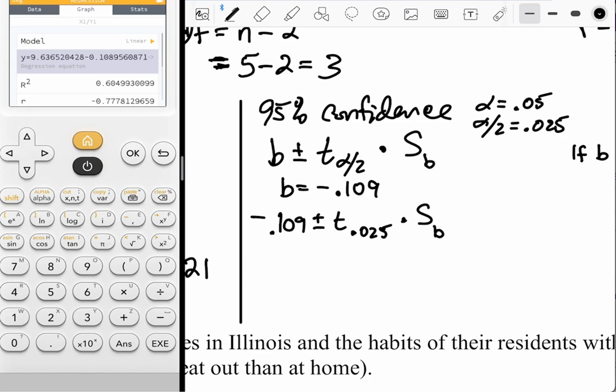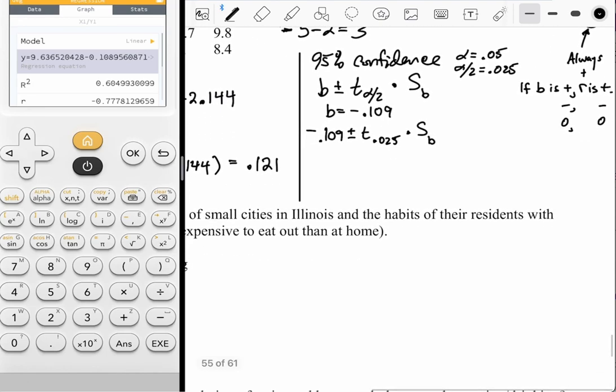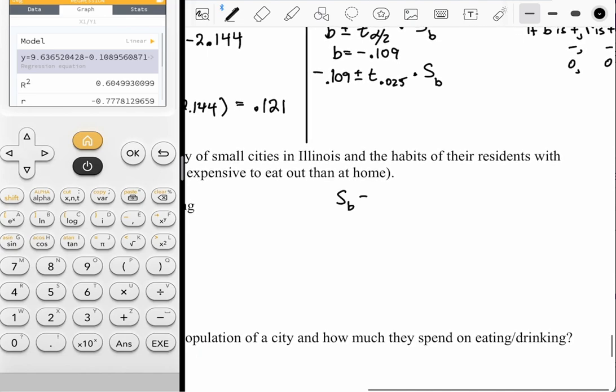Now again, the s sub b formula, I might as well walk you through that real quick. I'm going to steal room from the bottom here. I didn't space this out very well. So s sub b is equal to, it's not pretty, s over s sub x times the square root of n minus 1.